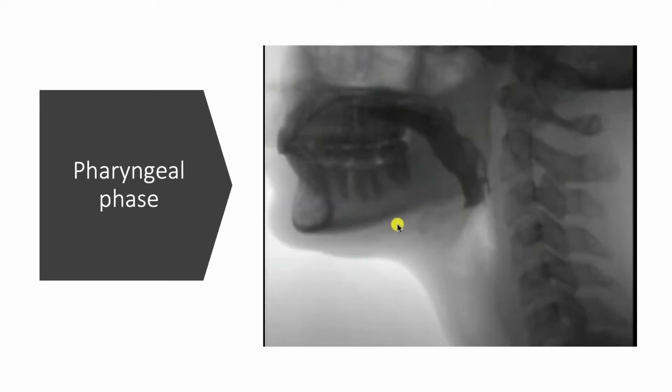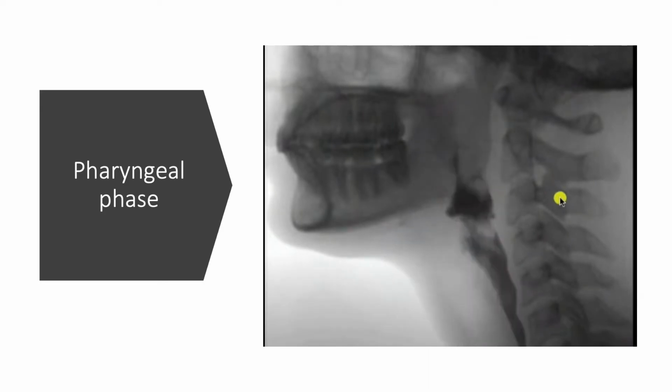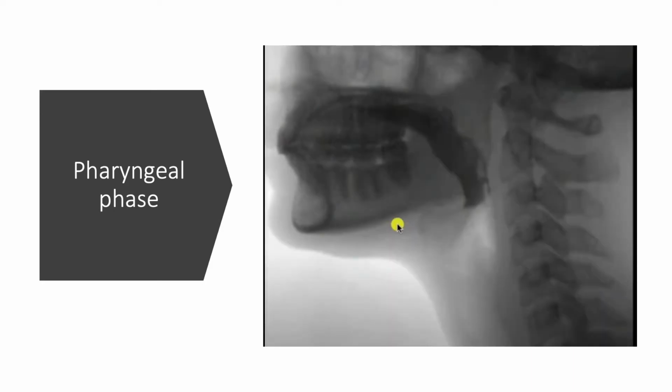Simultaneously, the larynx and hyoid are pulled upward and forward, allowing the bolus to pass over the larynx without aspiration and causing relaxation of the cricopharyngeus muscle, which makes up much of the upper esophageal sphincter.